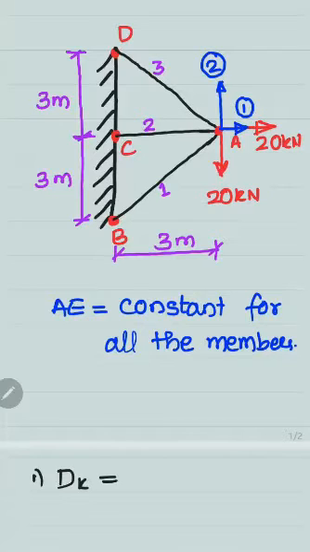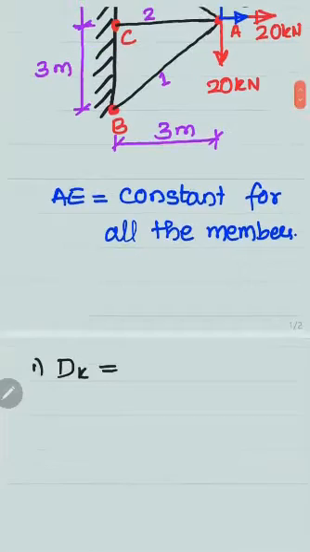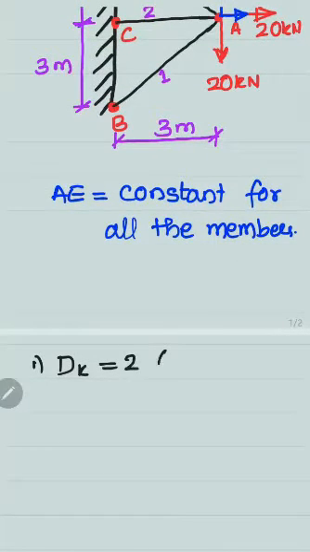But joint A is a free joint which has not been supported. That means this joint will displace along the x direction, delta AX, and along the y direction, delta AY. So the free displacements are 2 here, delta AX and delta AY.